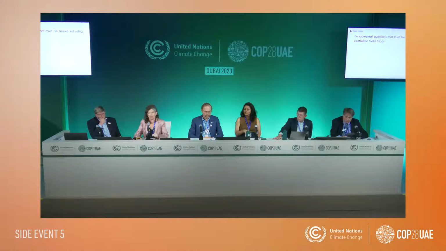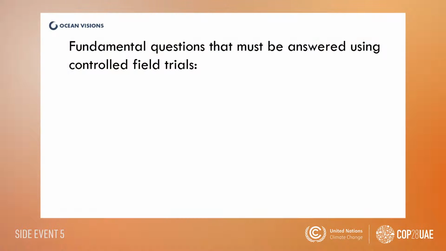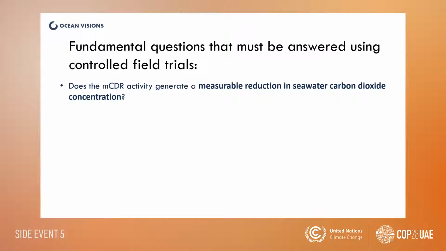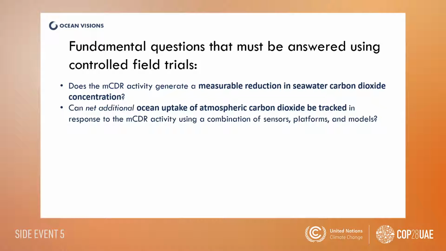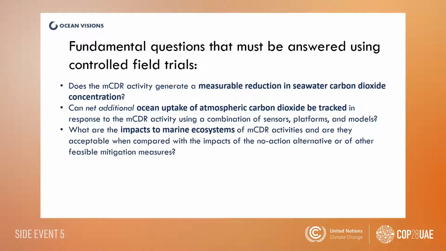In the report, we identify these fundamental questions that must be answered in order to move forward, and there are some questions that have to be answered using controlled field trials, moving out of laboratory experiments. Does the MCDR activity generate a measurable reduction in seawater carbon dioxide concentration? Can net additional ocean uptake of atmospheric carbon dioxide be tracked in response to the activity using a combination of sensors, platforms, and models?